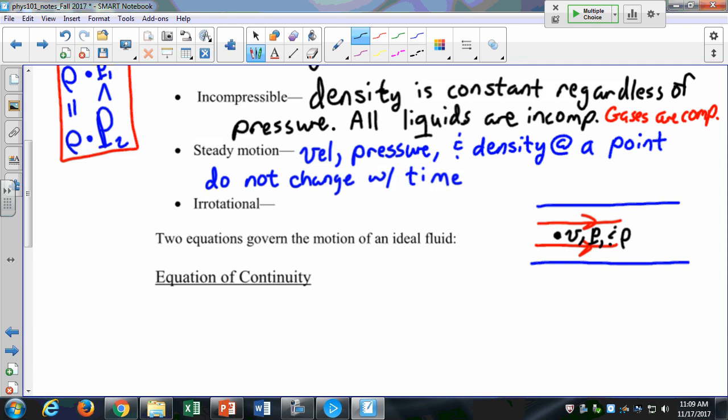The density will always remain the same because it's a what type of fluid? What tells us that the density always remains the same? It's incompressible, right? That you can't compress it and give it a higher pressure. And then other is irrotational, and that just means there's no circular motion.